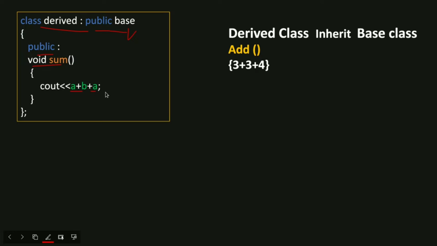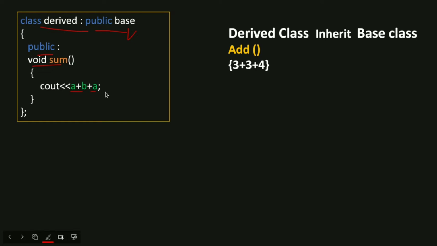Now we want to add a plus b, and we will add a again to make it look a little different, and the operations will also be different. To be clear which function is called, we made it different. So now we have made the base class, we have made the derived class, and we have inherited the features of the base class, and the same member function is made with different operations.